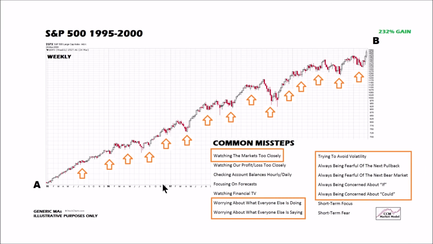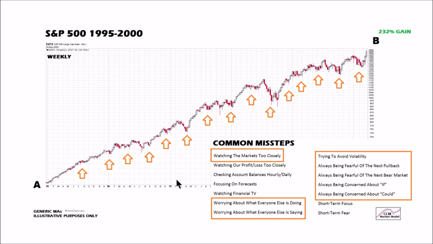It would have been very, very easy to fall prey to these common missteps countless times between this point A and this point B, just as it would have been very, very easy to fall prey to these common missteps over the first 5 trading sessions of September 2018. As we've covered many times in these videos, traders and investors tend to underestimate in these 2 areas.